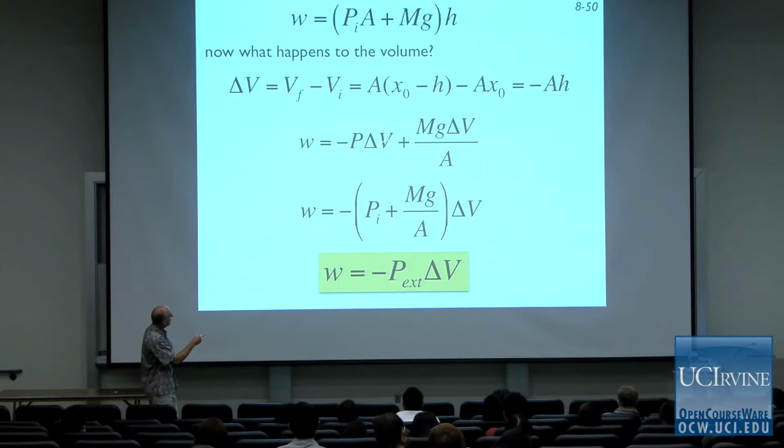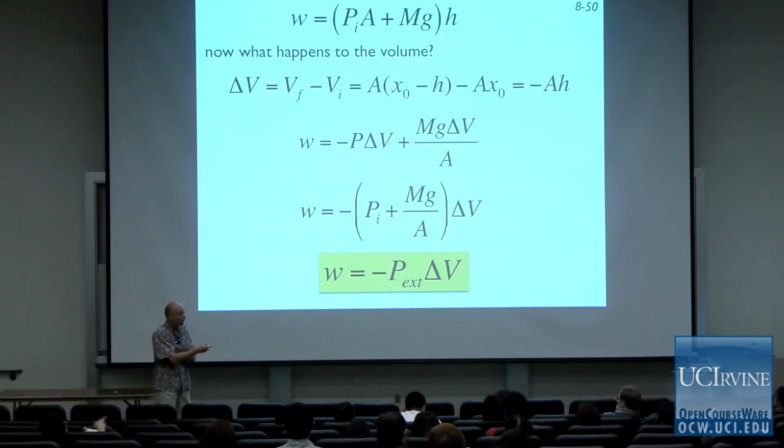So I can factor out the delta V, because there's delta V here, and so work is equal to minus P sub I plus mg over A. Well, that's just the external pressure, the way we defined it earlier. That's just the total external pressure.